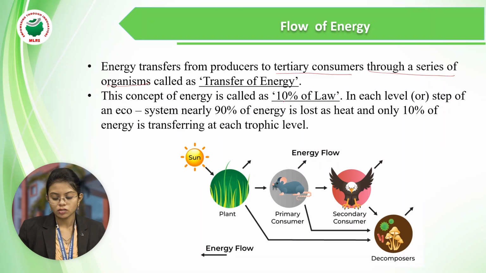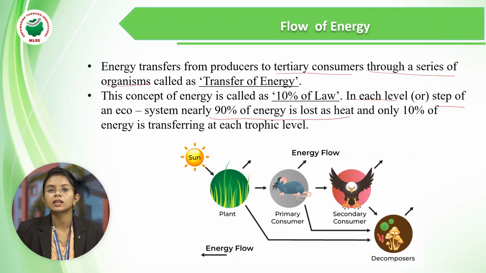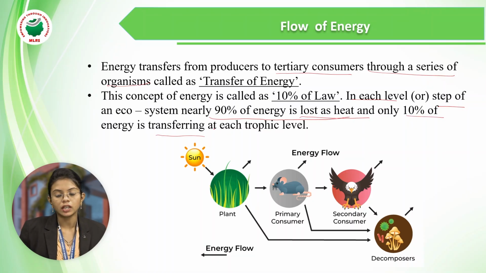This concept of energy flow is called the 10% law. At each level or step of an ecosystem, nearly 90% of the energy is lost as heat during the transfer, and only 10% of the energy is transferred from one trophic level to the other trophic level.